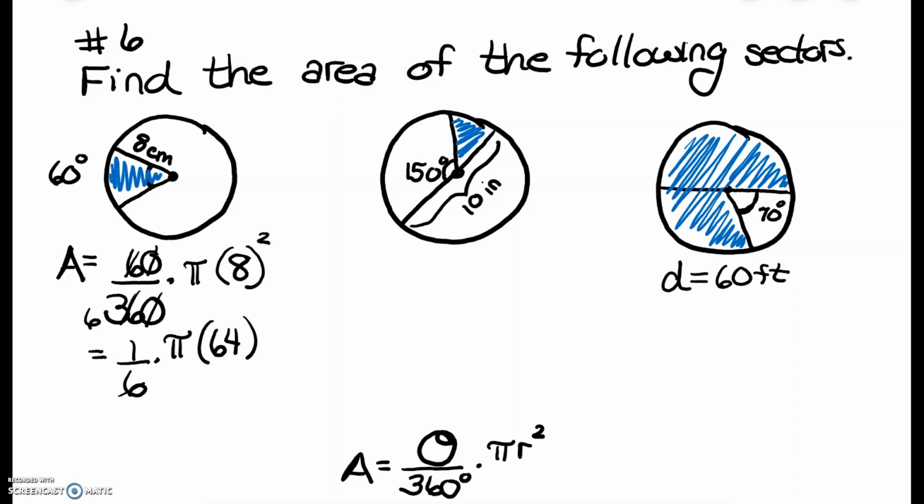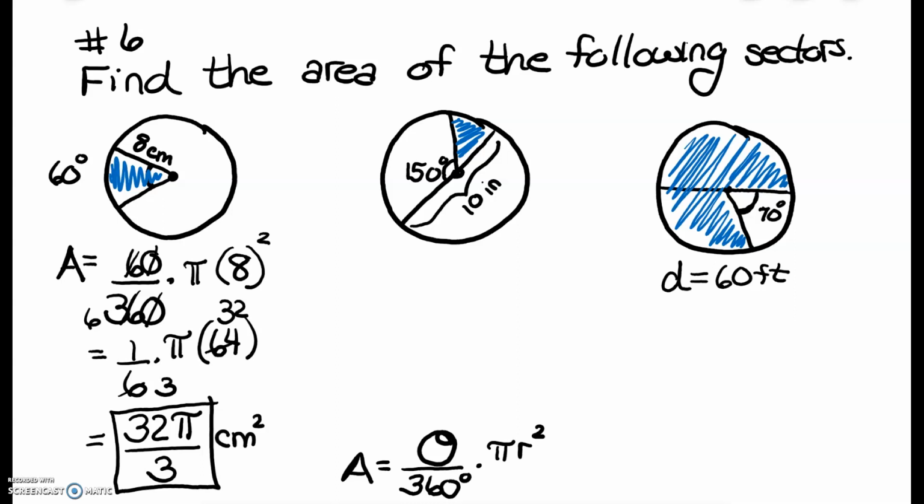I know that 6 and 64 reduce by a factor of 2. So my final answer is going to be 32 times pi over 3. And we can always plug that in our calculator if we need to. And I forgot my units, centimeters squared.